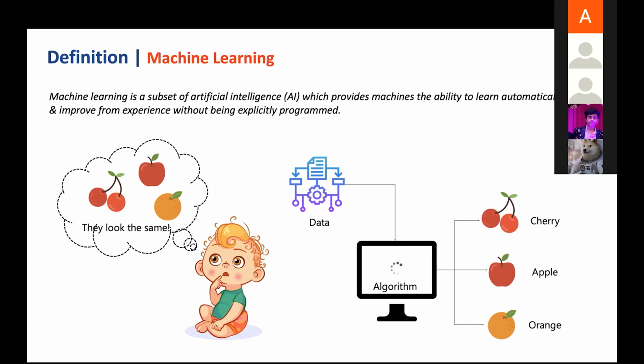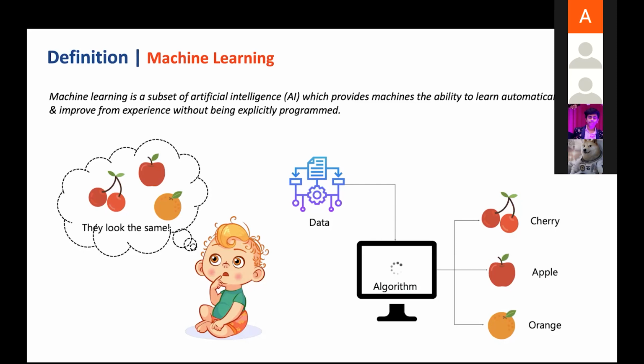We are giving data, but we cannot train our machine with 3 or 4 data points, because the size of apples differs, so it cannot be the same apple. So let's say you put in thousands of apple images, thousands of orange images, and thousands of cherry images, and then we train our machine on the basis of that.